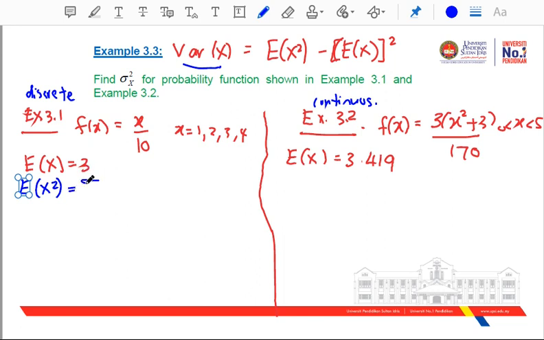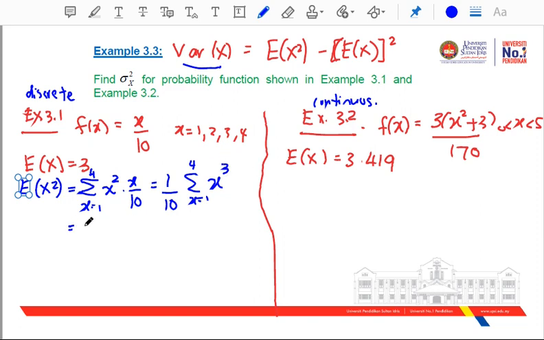Remember this is discrete, so you need to use summation for x from 1 to 4. Anything in the bracket, just put it here, multiplied by the function given, x over 10. So as usual, put the constant outside. This becomes the sum for x from 1 to 4 of x cubed.